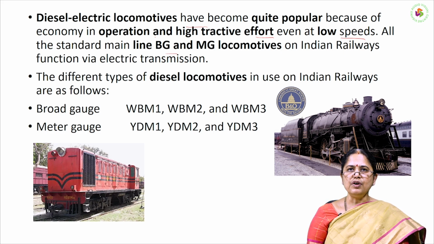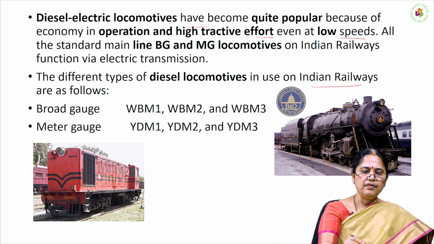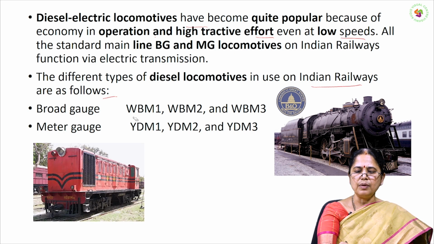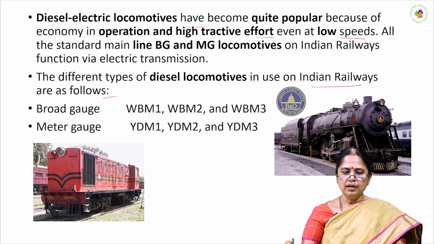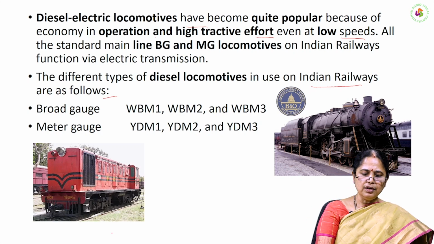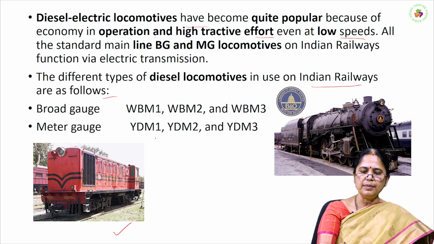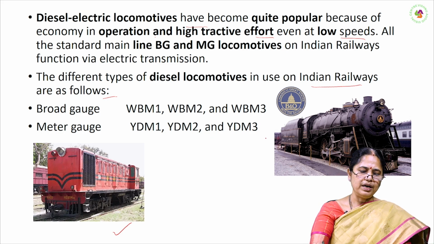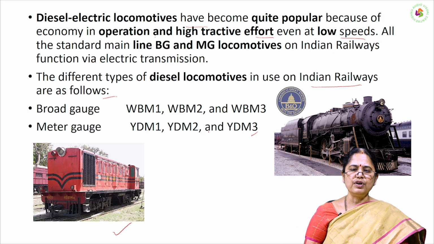The different types of diesel locomotives in use on Indian Railways are as follows. Broad gauge WDM1, WDM2, WDM3. This is the broad gauge diesel engine. Here you can see the meter gauge locomotives, that is YDM1, YDM2, YDM3. This 1, 2, 3 represents the different versions.